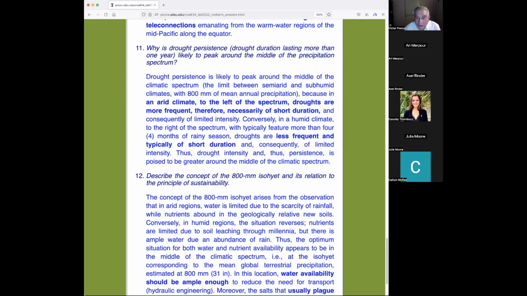Drought persistence is likely to peak around the middle of the climatic spectrum. Why? Because in an arid climate, to the left, droughts are more frequent. And since they are more frequent, they have to be necessarily of short duration. If you have a frequency of every 3 years, you can only aspire to have a drought of 2 years.